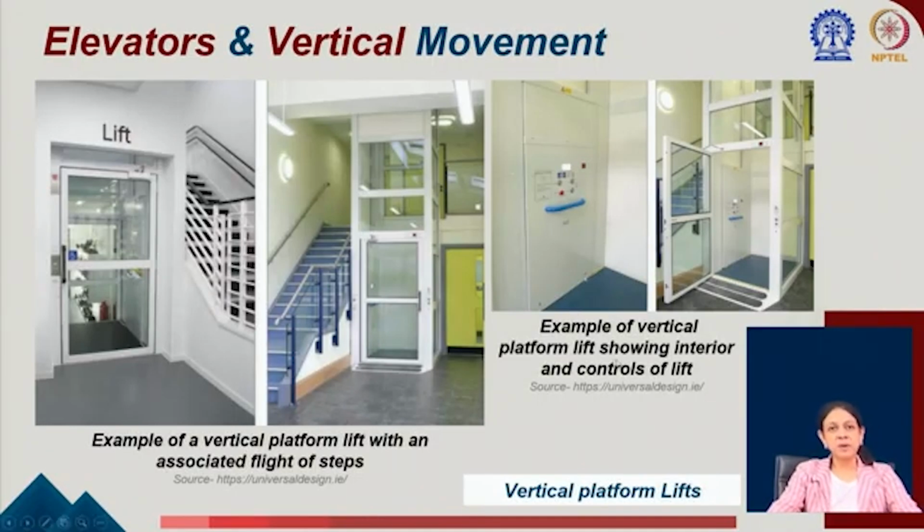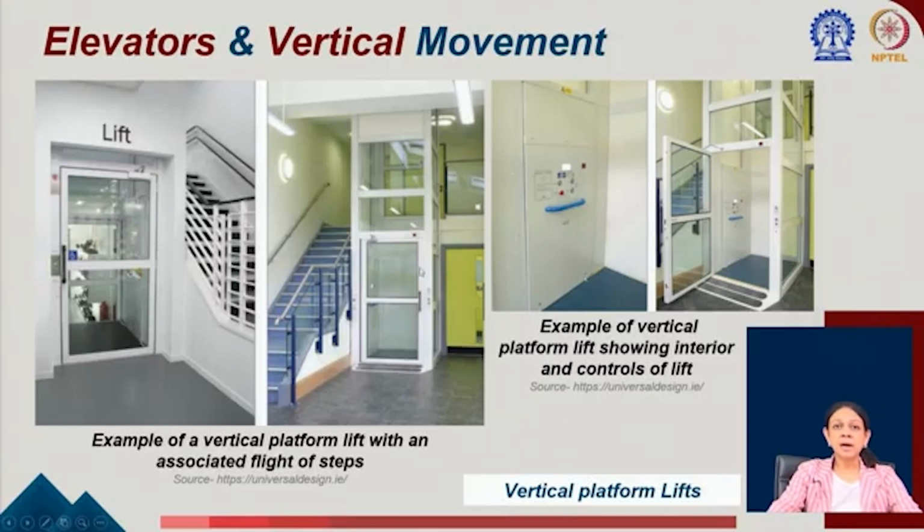The second option for negotiating vertical differences is definitely elevators. We know the standard lifts, and then there are what are called platform lifts. Where are these platform lifts used? If you are retrofitting, you have not planned a lift elevator, but you have a small level difference, say a floor or half a floor to negotiate, you can go for a vertical platform lift.